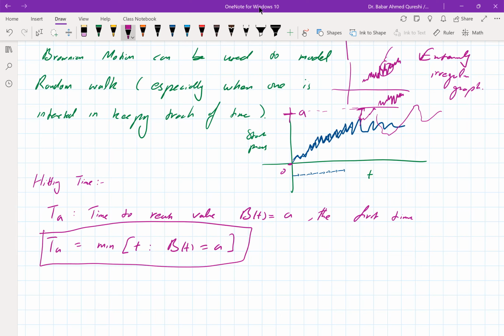And we want to calculate how this is distributed. Obviously, this is also a random variable because the whole phenomenon is random.